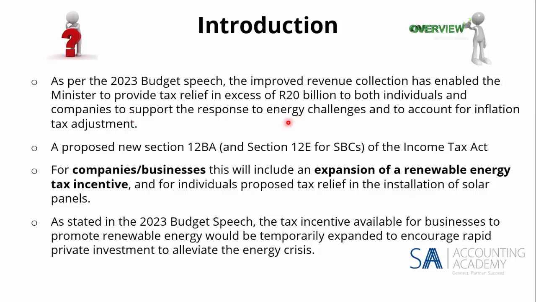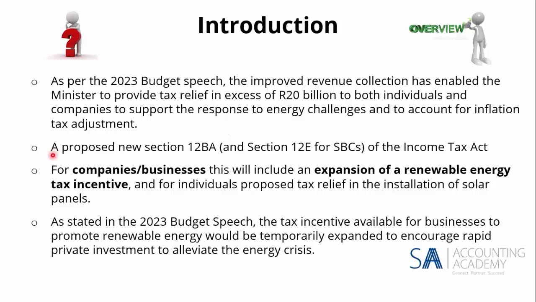But nonetheless, money is available from the budget side. So that's why they've now tried to incentivize this. And the reason why they do this is to encourage more private investment to alleviate the energy crisis, because we know we're in an energy crisis. I mean, we experience load shedding on a daily basis, and it is part of our lives.